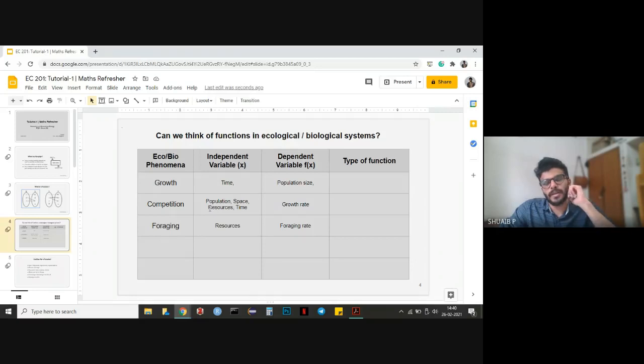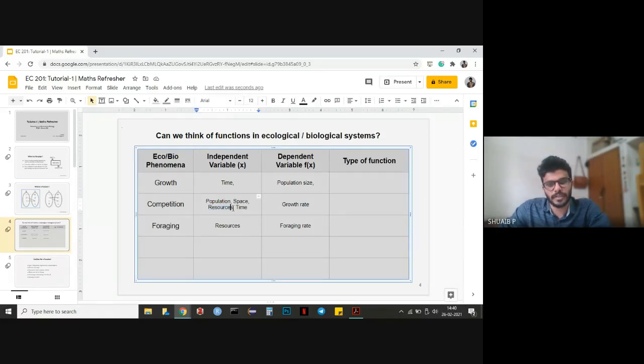So one of the changes that we could make would be the carrying capacity. The carrying capacity would be independent of time for a population.